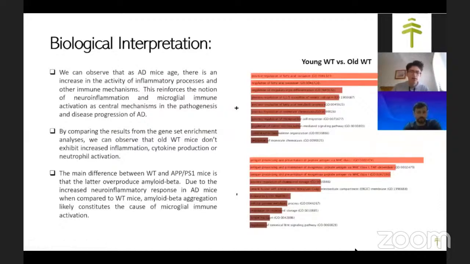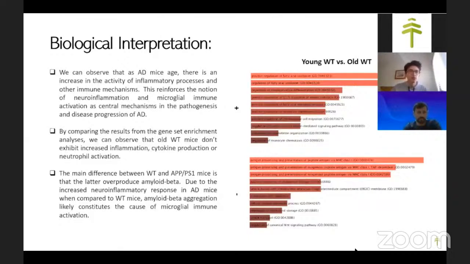And as I had said, the main difference between the wild type mice and the APPS1 mice is that the latter overproduced amyloid beta, and so they showed increased levels of these amyloid beta plaques. So this could tell us that the aggregation of these amyloid beta plaques likely constitutes a cause of microglial immune activation.